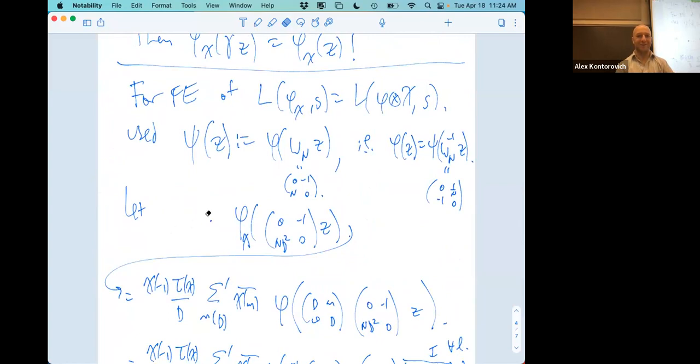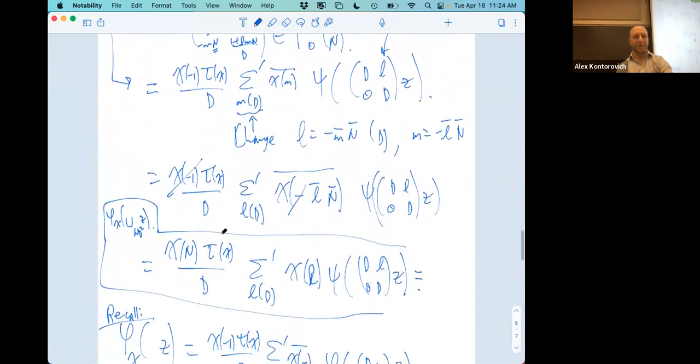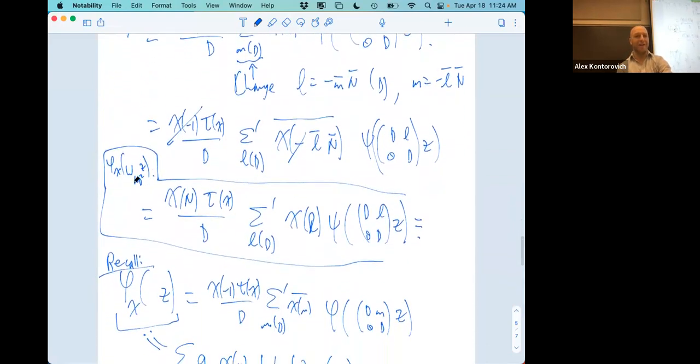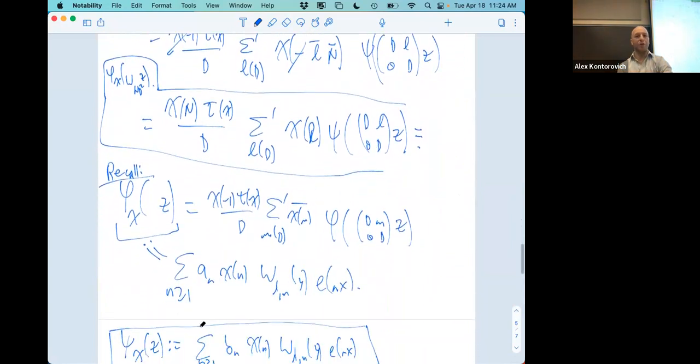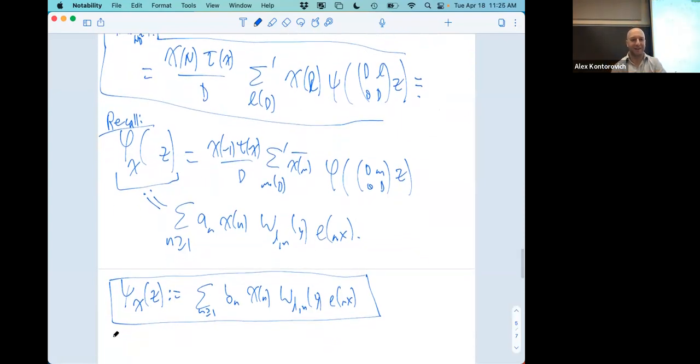Okay, so let me take back that definition. That's what we worked out: this psi is this sum, which is almost what the psi sum would be, except it's missing a couple of funny things. It's missing a factor of chi of -1. It has an extra factor of chi of n. Here, I'll put it here.